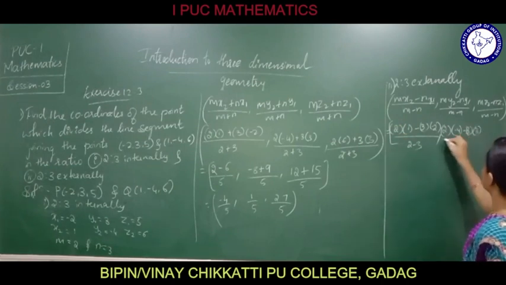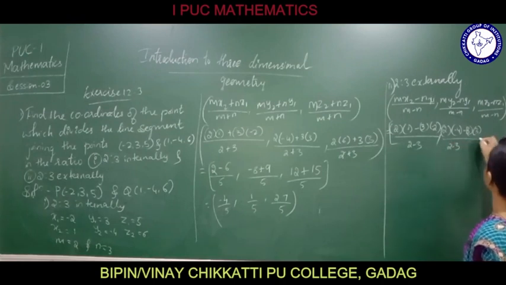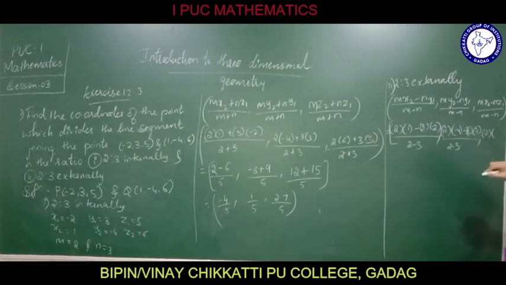It's 3, divided by 2 minus 3. Next, m is 2 into z2 is 6 minus n is 3 and z1 is 5, that divided by 2 minus 3.